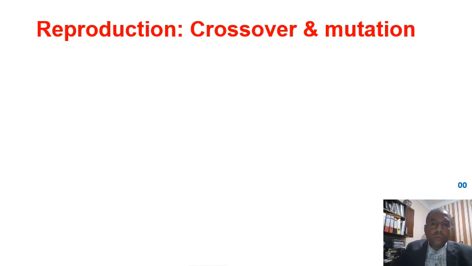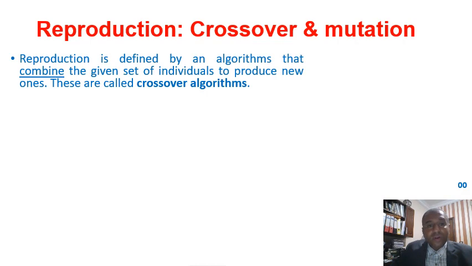We have two means for reproduction: crossover and mutation. Crossover makes combination between two individuals in order to obtain offspring or children, while mutation is alteration of some bits by some probability.